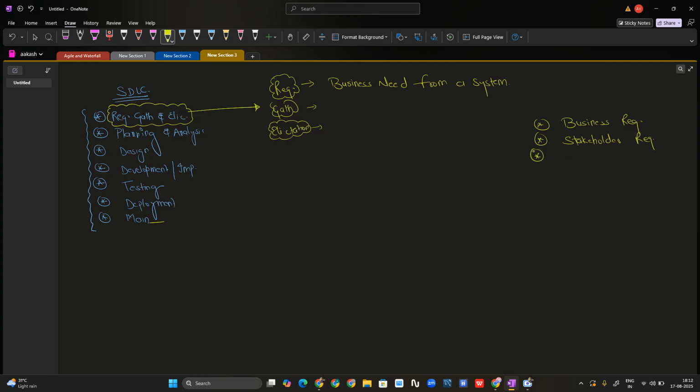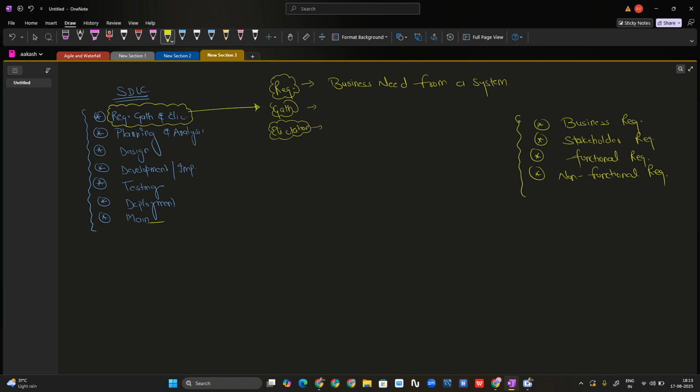Third is functional requirement. Fourth is NFR, non-functional requirement. Basically these four types of requirements are in the project. And there is one more, transition requirements, which we will take care of later.